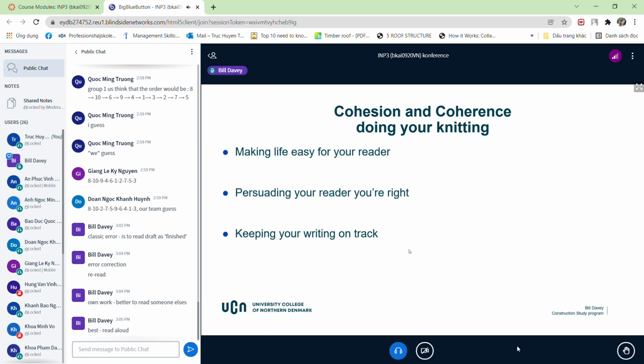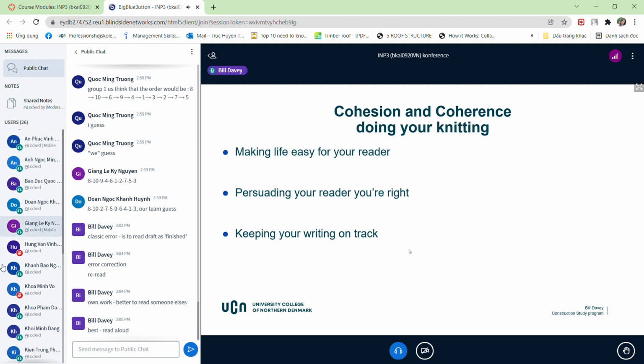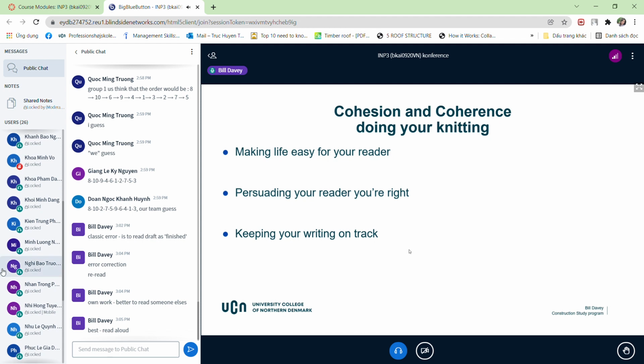Of course, what you're doing with these coherence and cohesion devices in your writing is kind of knitting together the words so that the words are in a pattern and that they make a coherent whole piece of work.